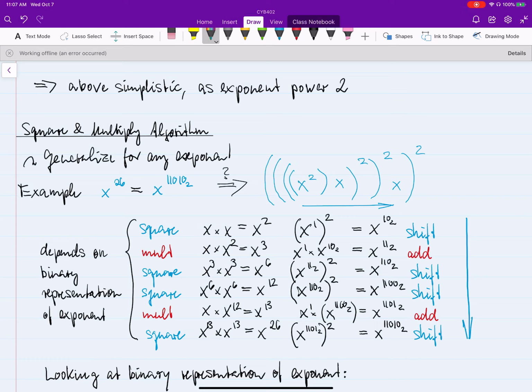What we need to do is generalize our idea for any exponent. And the resulting algorithm is called the square and multiply algorithm.